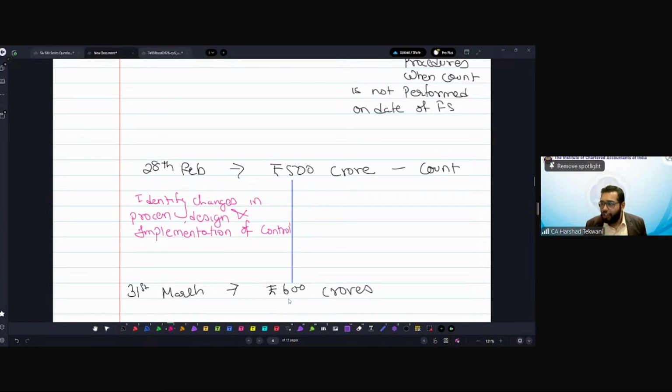Number two, I will check how the differences which were identified on 28th Feb have been accounted for. So on 28th Feb, what was the deviation and how did they account for it?